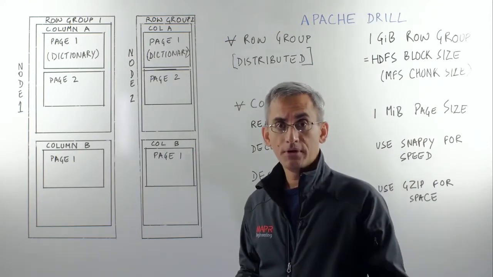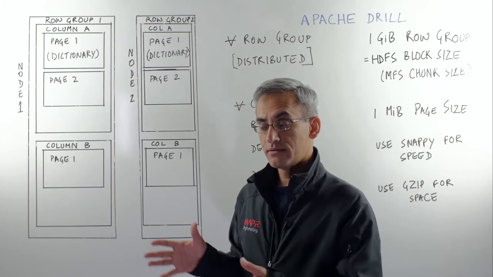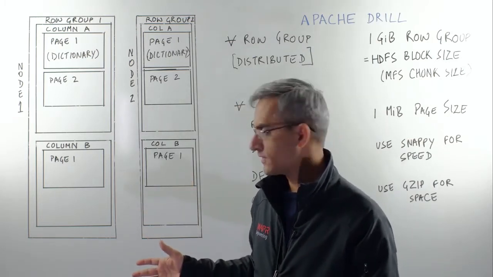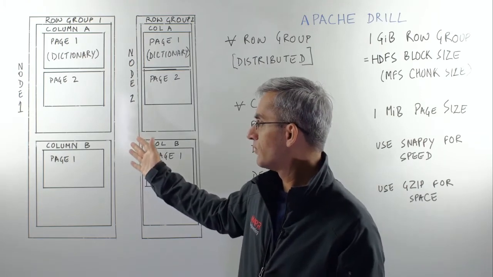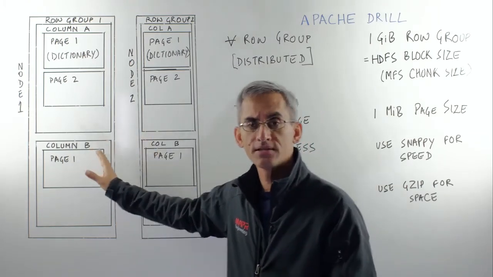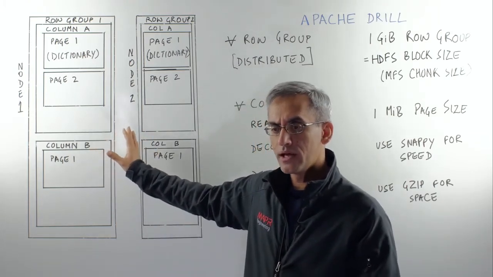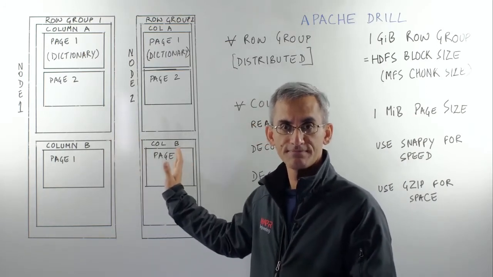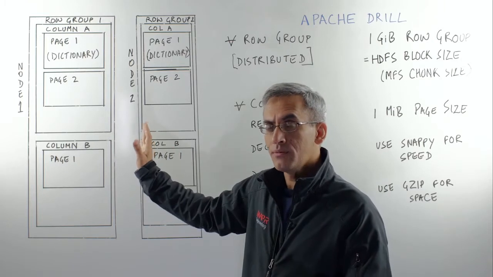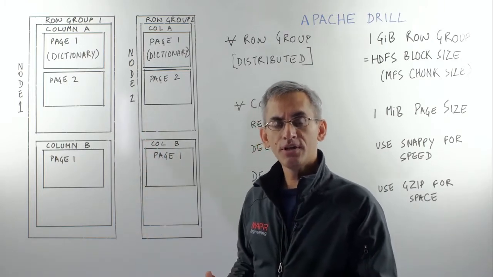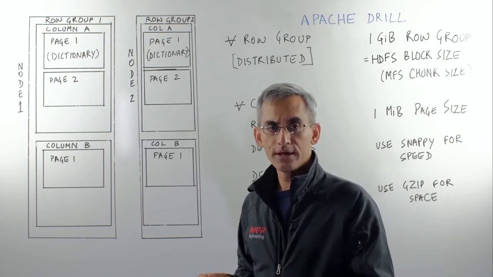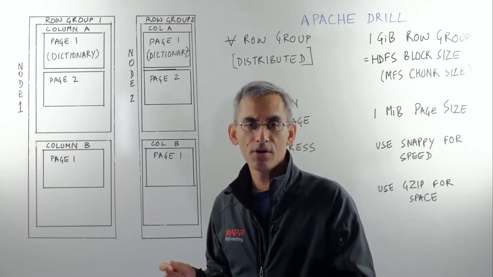The other thing to remember is that a single file is divided into many row groups. One of the things that happens in a distributed file system is that a row group can span multiple machines. The thing we try to do, though, is make sure that a single row group always rests on the same node.